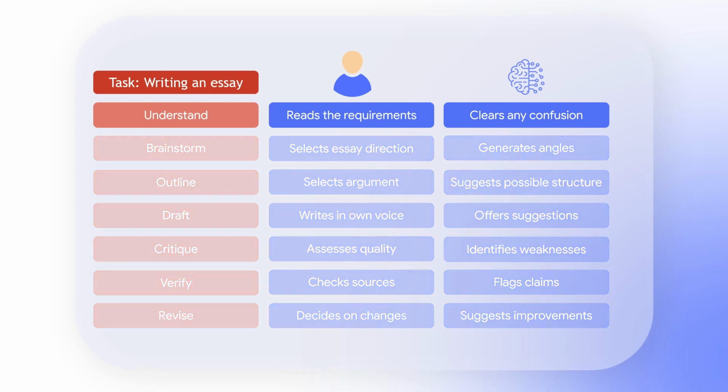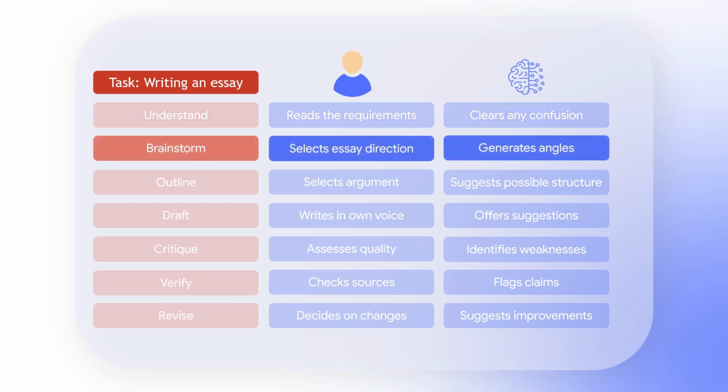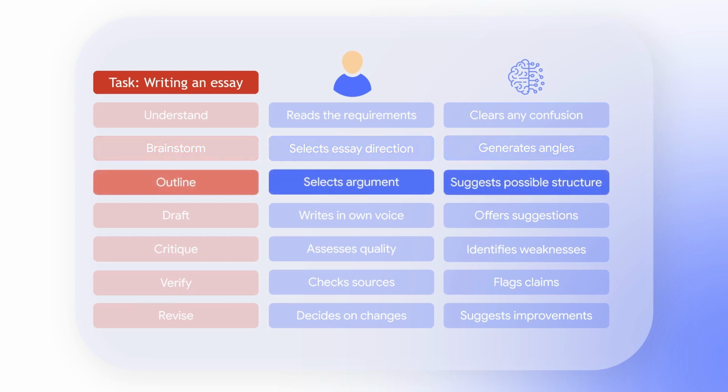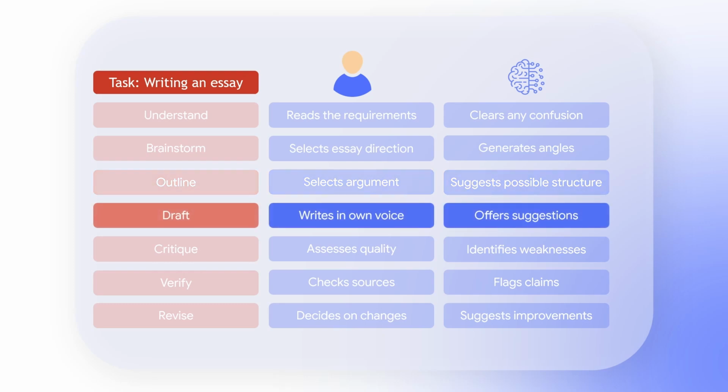When you're understanding the assignment, your role is to read the requirements. The AI's role is to explain confusing parts. When you brainstorm, you choose a direction. The AI generates possible angles. For the outline, you select the argument. The AI suggests a structure. When you draft, you write in your own voice. The AI offers phrasing suggestions.